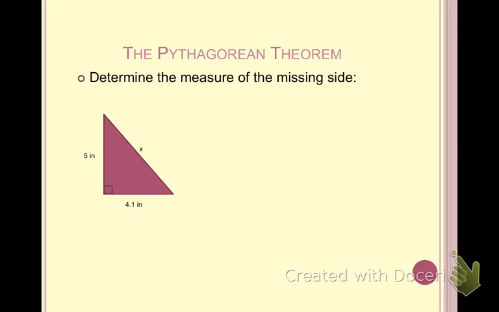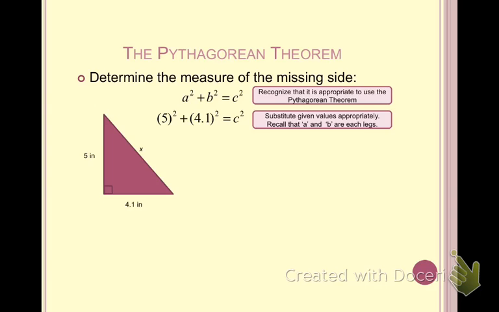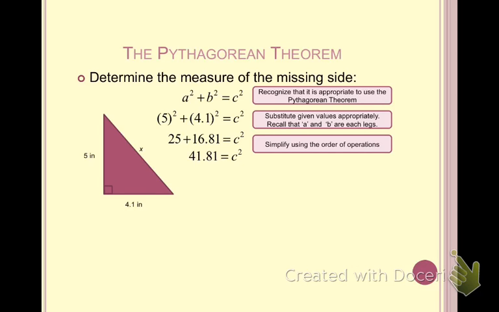If we have legs of 5 inches and 4.1 inches, and we have to find the hypotenuse x, we know that we have to use a squared plus b squared equals c squared, and we would square 5 and square 4.1 to get c squared. 5 squared is 25. 4.1 squared is 16.81.